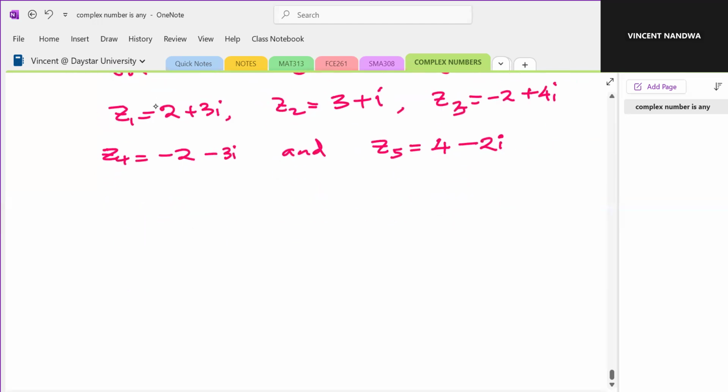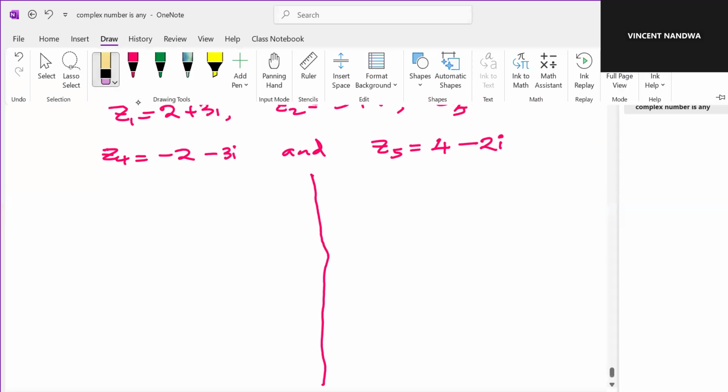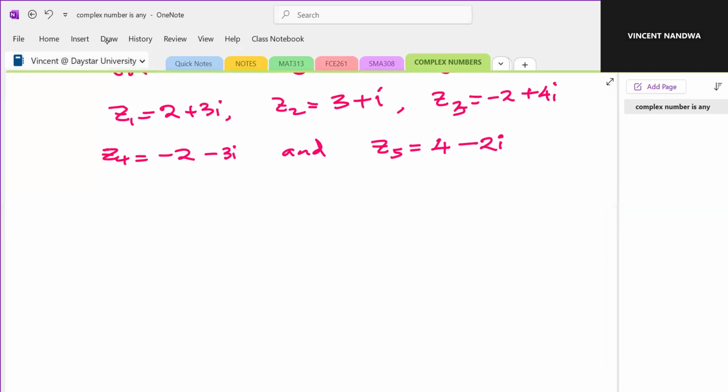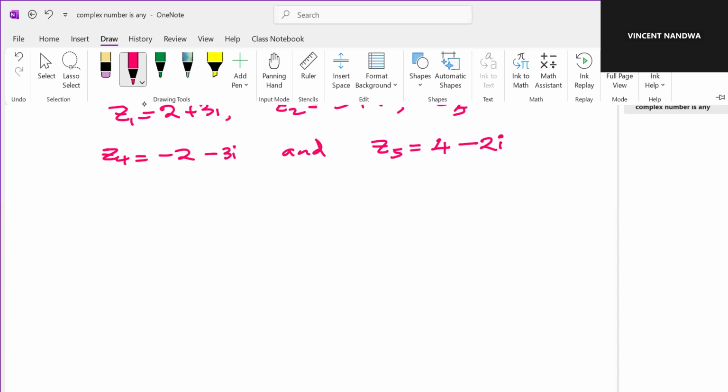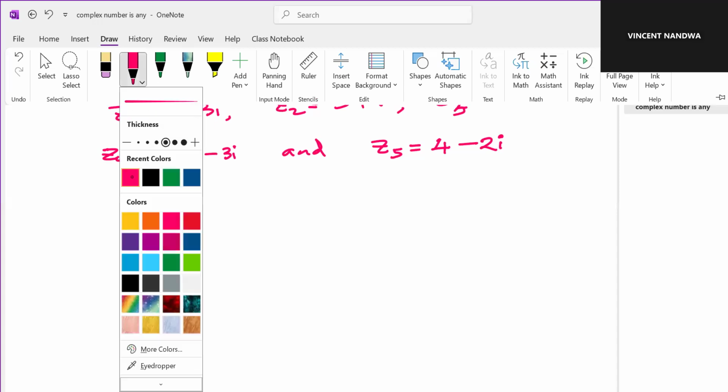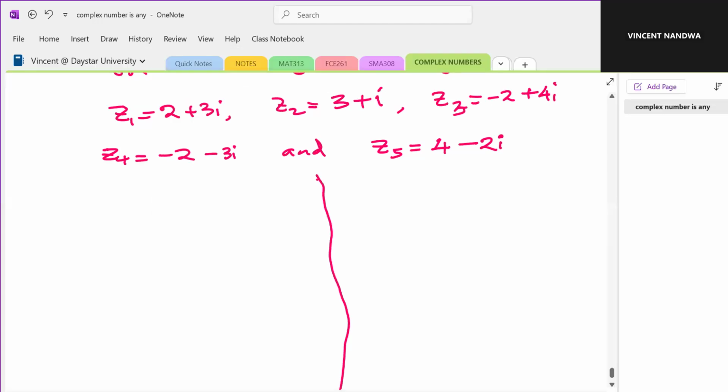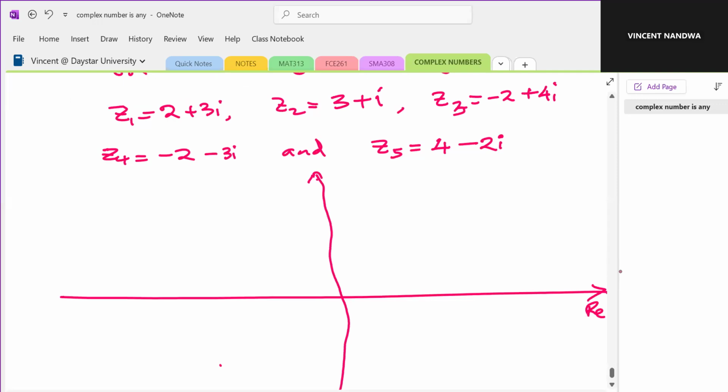So you draw the vertical axis and draw the horizontal axis. The horizontal axis is what we call the real axis, and the vertical axis is what we call the imaginary axis.